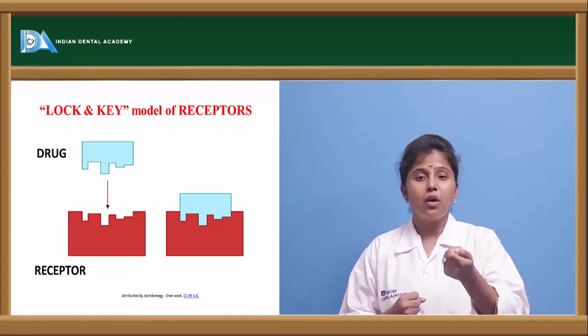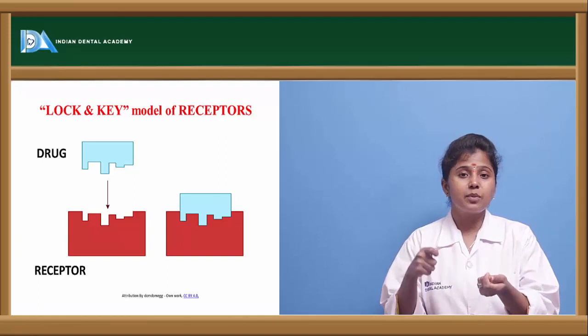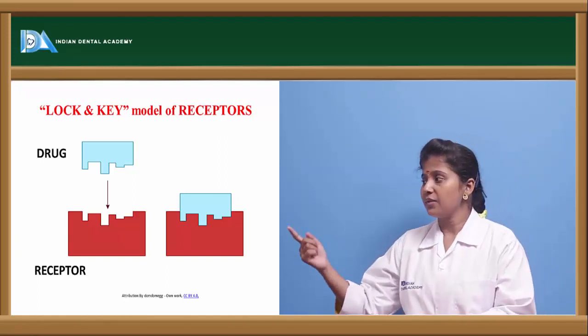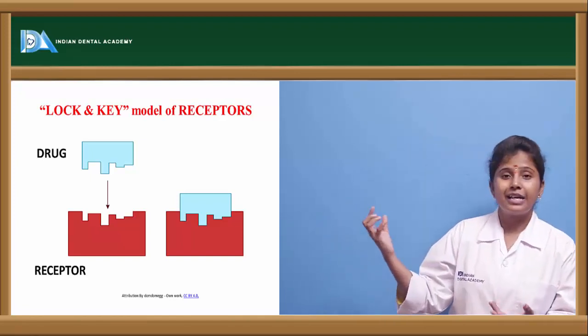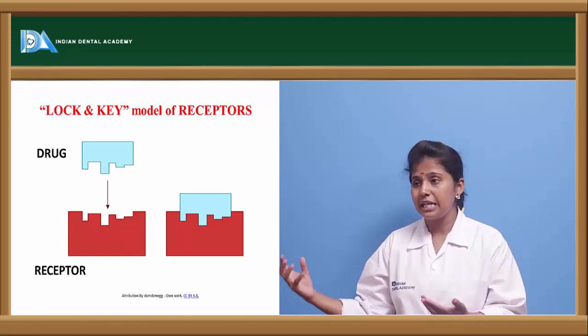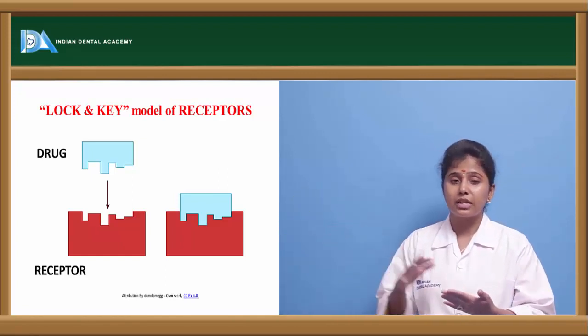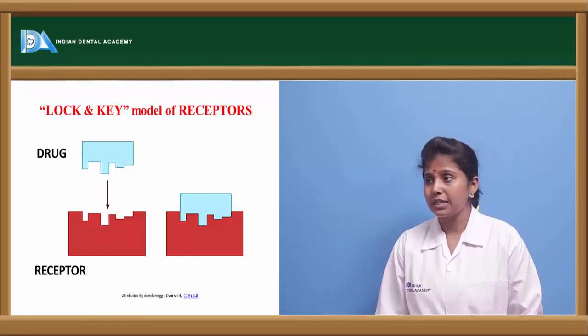The lock has exactly the shape of the key, so the key fits into the lock and the lock gets opened. In the same way, the drug is the key and the receptor is the lock. The drug has exactly the same structure as the receptor site, fits onto it, and thereby shows the action.